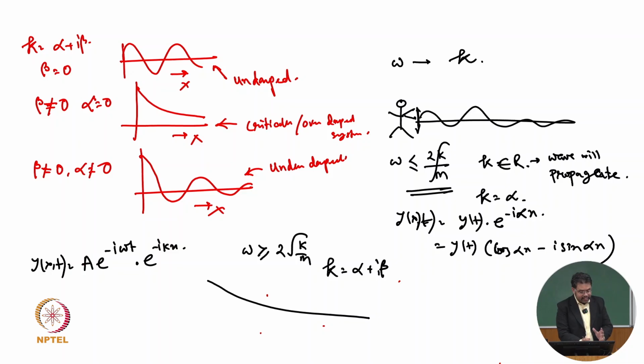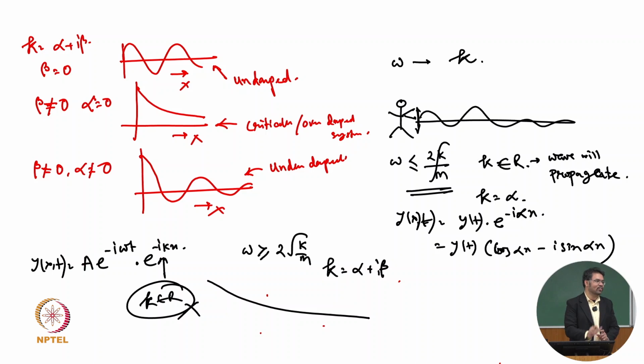I am not saying in this equation that kappa is real. If I had said that, it would be wrong. I just said that it is kappa. I did not restrict kappa to be real. If kappa is complex, that automatically gives the decay solution. So what's the problem? Kappa can be complex.